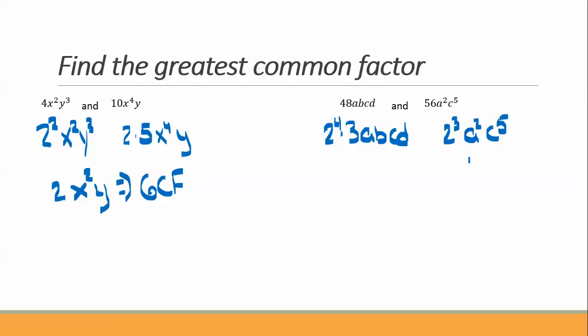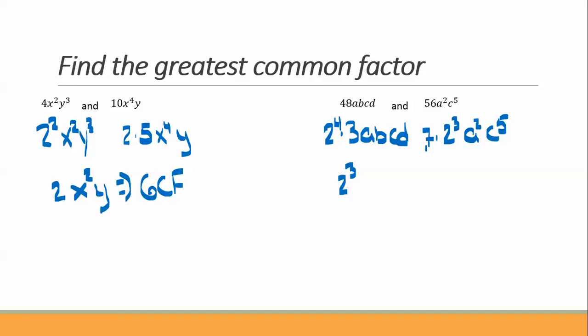We want the common factors, so they both have a 2, and the smallest exponent would be 2 cubed. There's no 3 in both of them. Oops, I forgot the 7 in the 56, probably because I was thinking we didn't need it anyway. There's no 3 or 7 in the opposite ones.